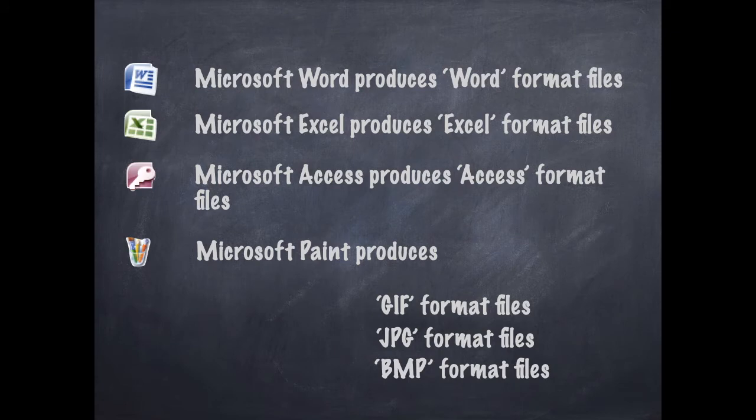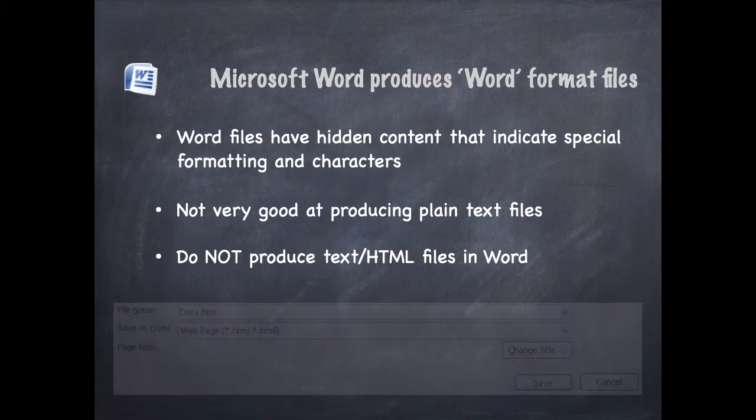What we need to remember is that often a product produces files that are in particular file types. So we know that Word, for example, produces Word file types, Excel produces Excel file types, similarly Access. But Paint and other image bits of software can produce GIF files, JPEG files, BMP files, things like that.